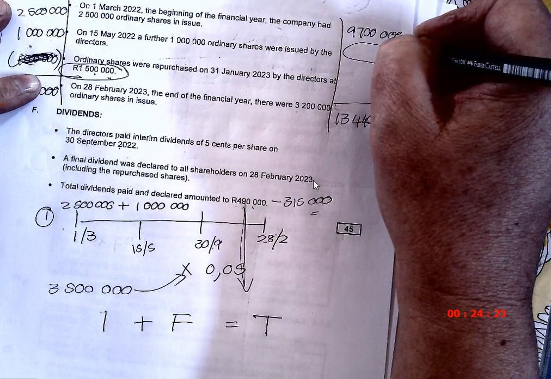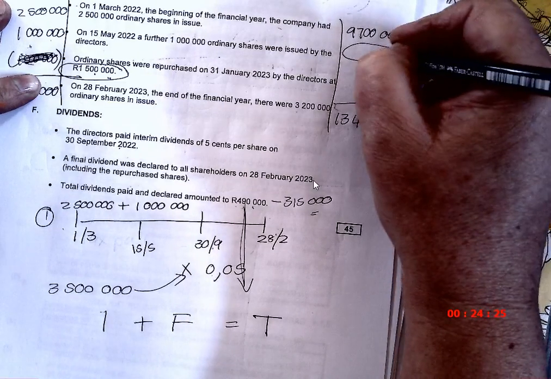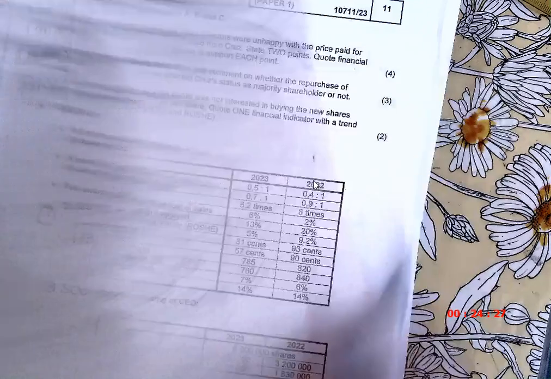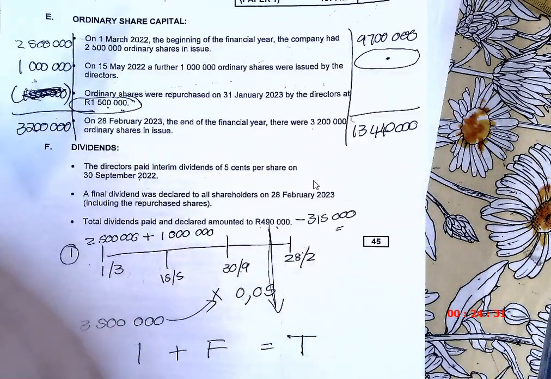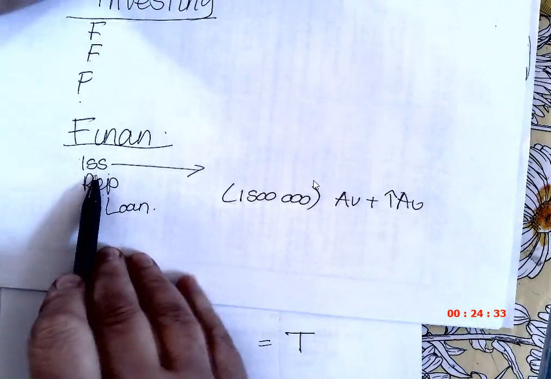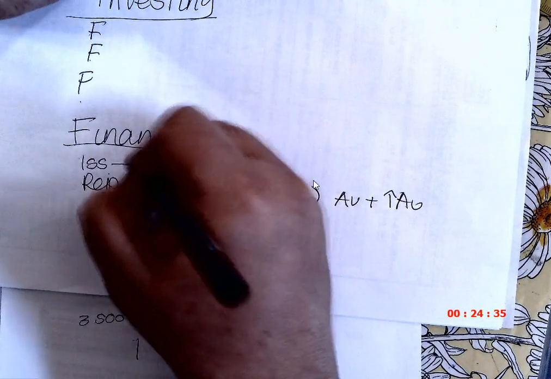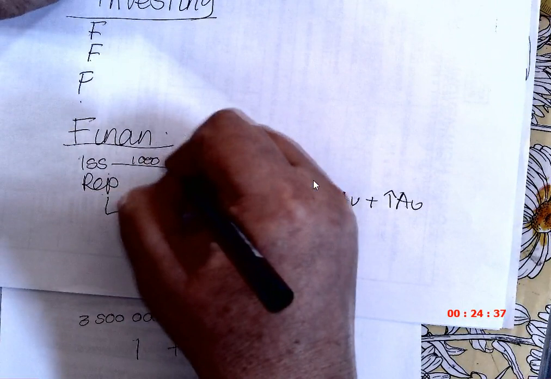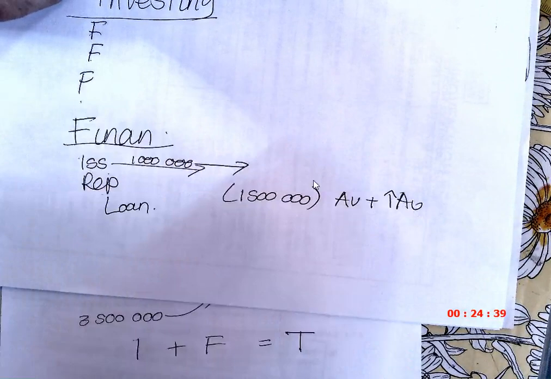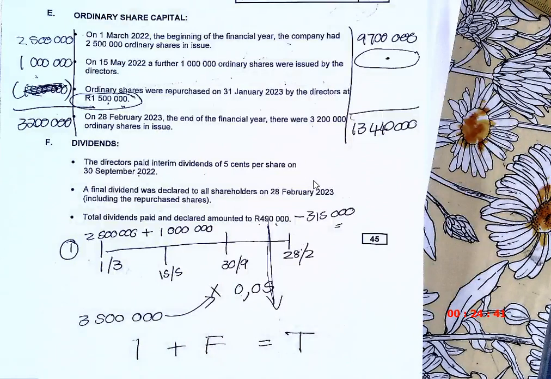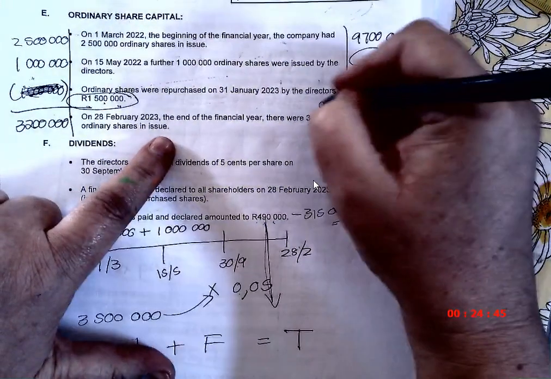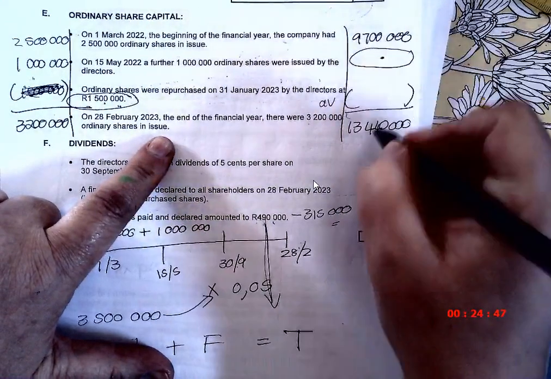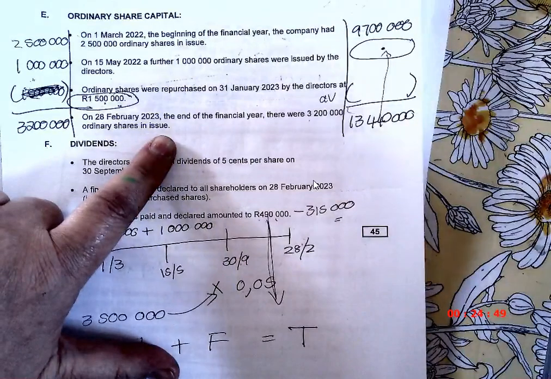Okay, and that 1 million would be the one I need for the issue. It would be the 1 million times whatever, that goes there. But can you see, we now have a little problem, because we need to get the average price here in order to balance on that one.